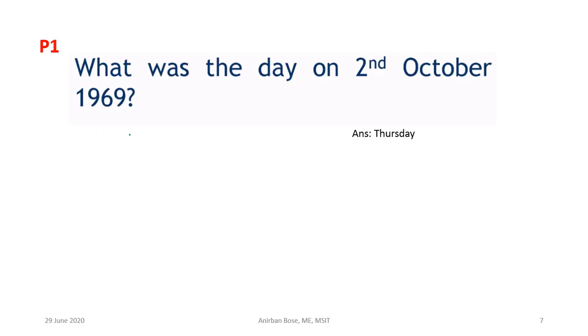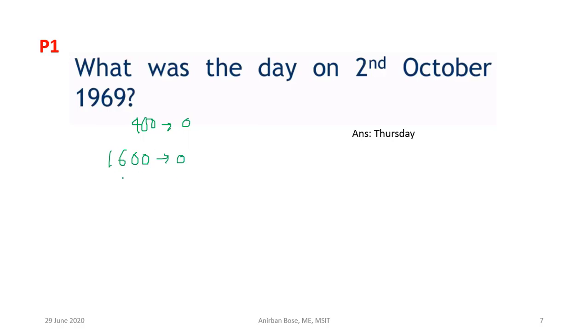Now let us solve a few problems. What was the day on 2nd October 1969? If we want to find that out, we know already that 400 years produces 0 odd days. So up to 1600 there will be 0 odd days, because that is a multiple of 400.